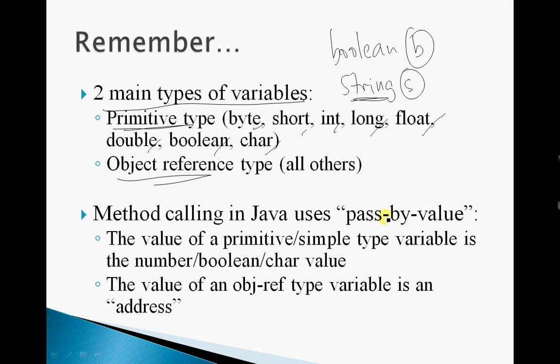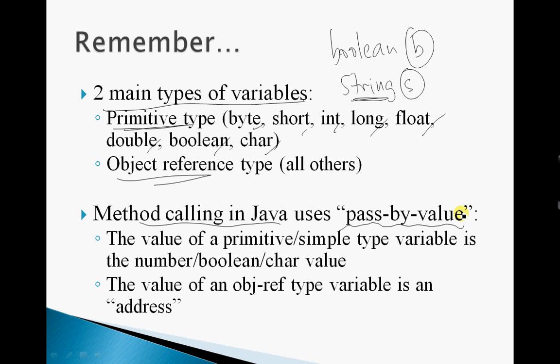Another important point is that when you call a method in Java, Java does what we call pass by value. When a method takes in parameters, what will be passed over will be the value of something. We'll see examples later.